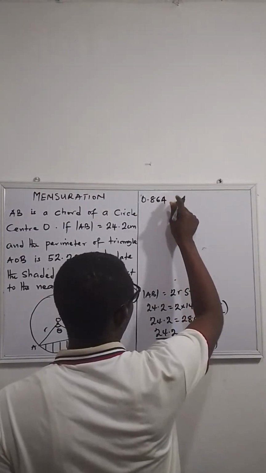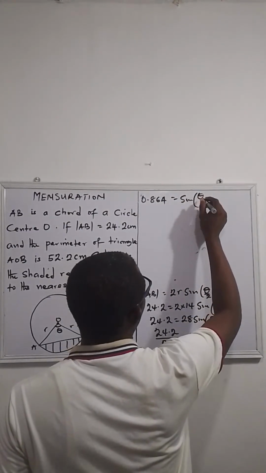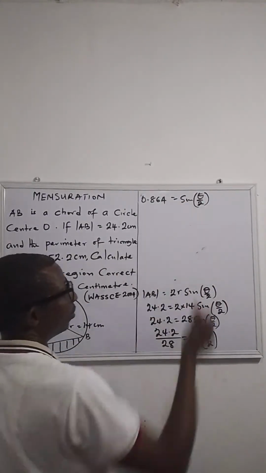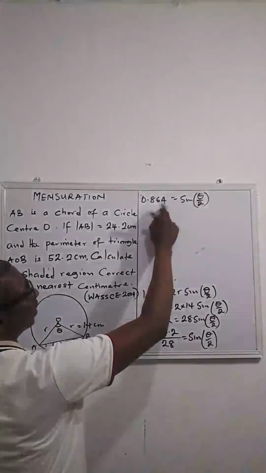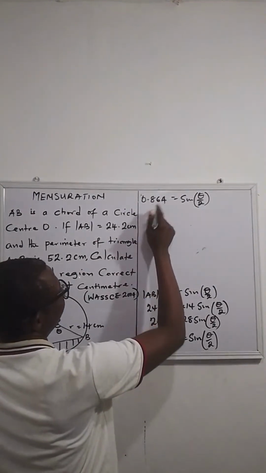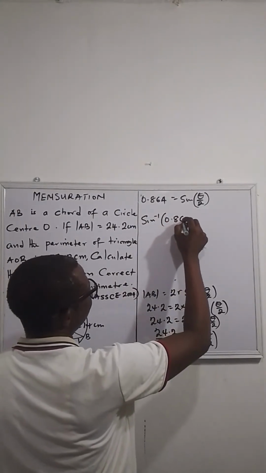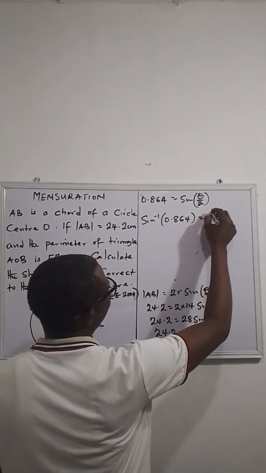0.864 equals sine of theta over 2. So you take arcsine of both sides. So we have arcsine of 0.864, and now we have theta over 2.